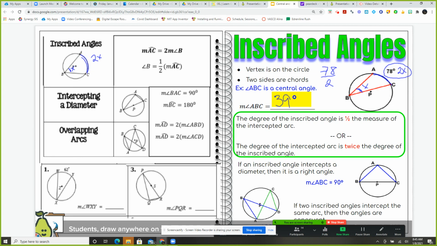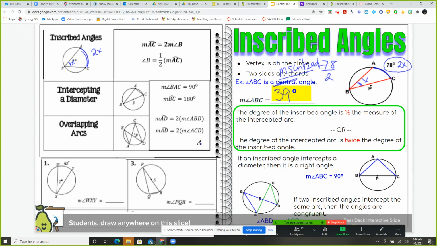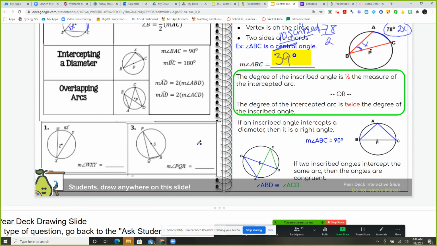Absolutely. And this should say an inscribed angle. I'm just seeing that. It's a little typo. Inscribed angle, not central angle. Okay. So let's skip over to the right side, and I'm sorry we're going back and forth a little bit.